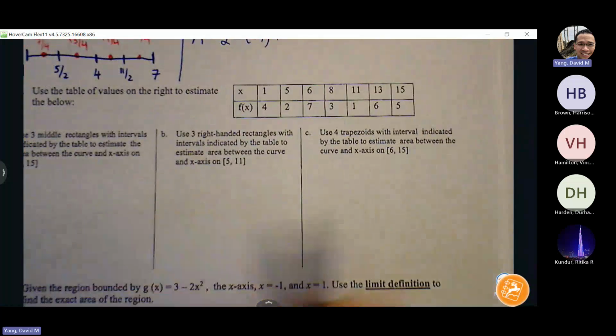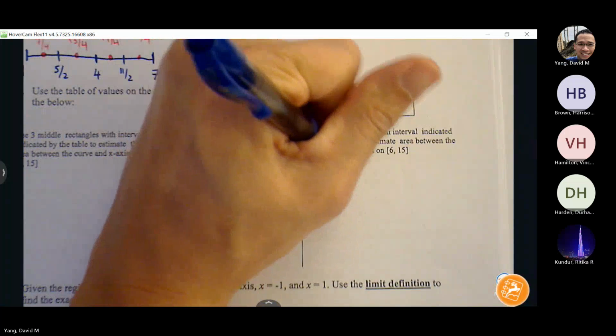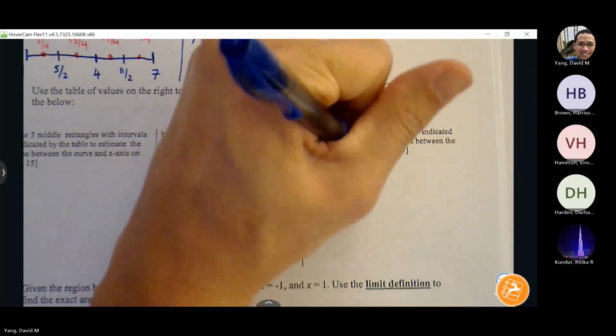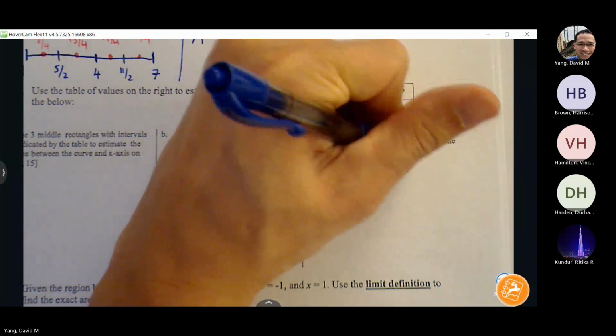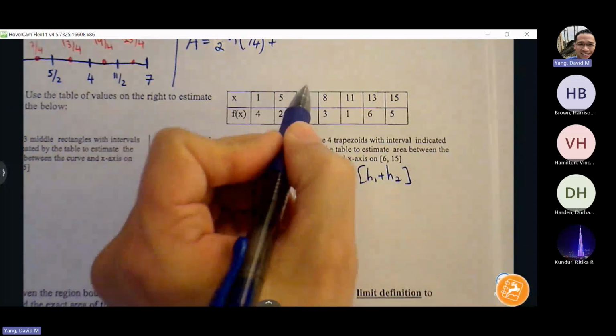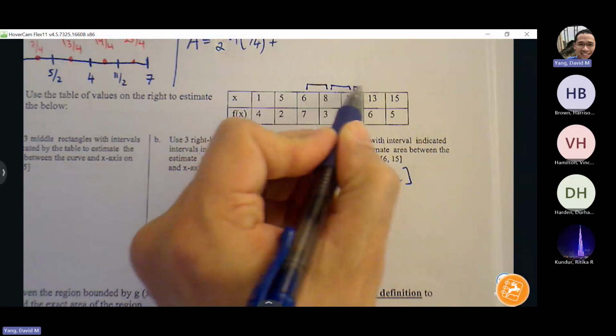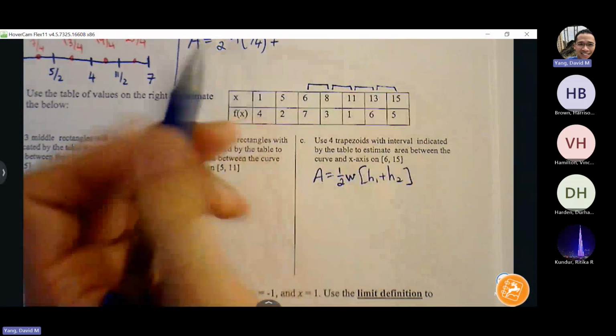So 4 trapezoids from 6 to 15. So we're starting at 6, ending at 15. So we'll do 6 to 8, 8 to 11, 11 to 13, 13 to 15.